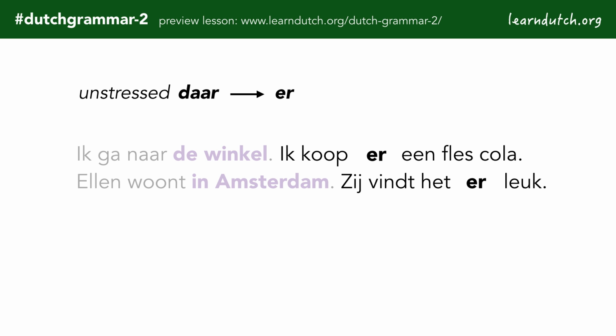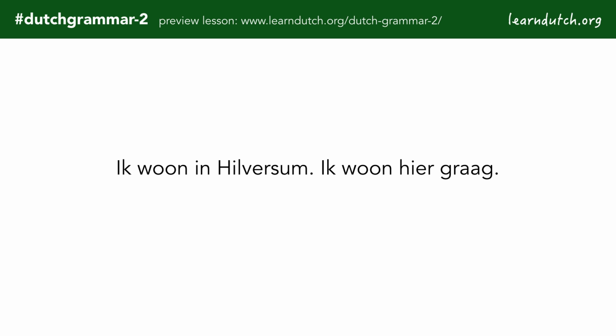Another option. Ik woon in Hilversum. Ik woon hier graag. I live in Hilversum. I like living here. Remember the word graag? When we add this word to the sentence, you are saying you like to do something. Now we see the word hier.